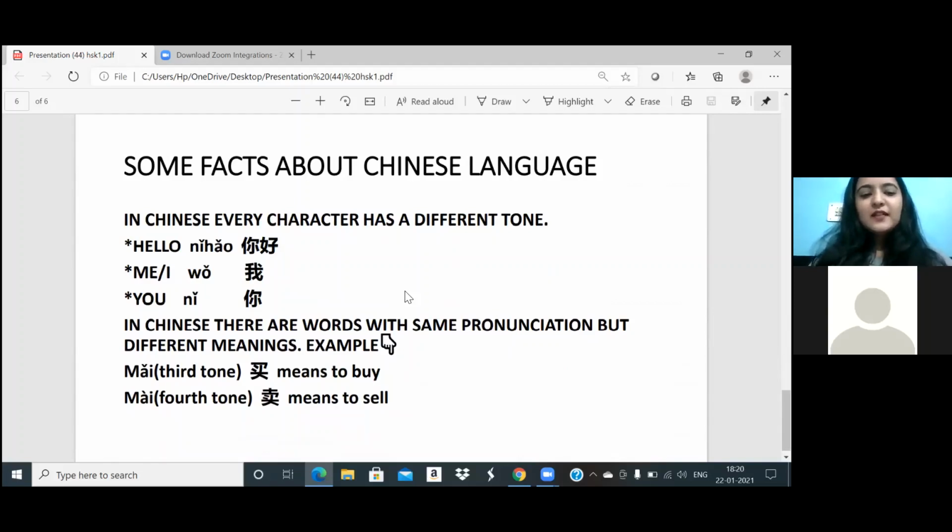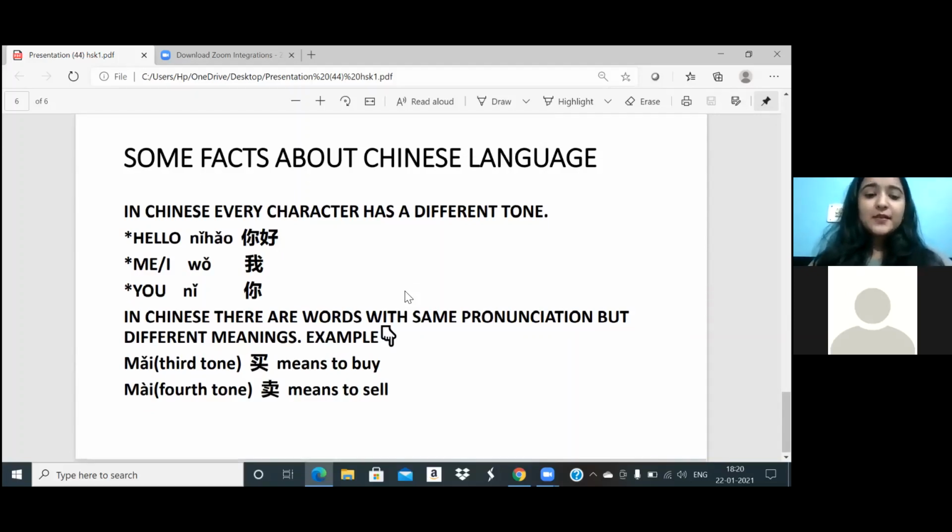The second fact is that in Chinese there are words with the same pronunciation but different meanings. Here I have given an example of mai. Now mai in the third tone means to buy, and mai in the fourth tone means to sell. The characters are different, but the pronunciation is the same.